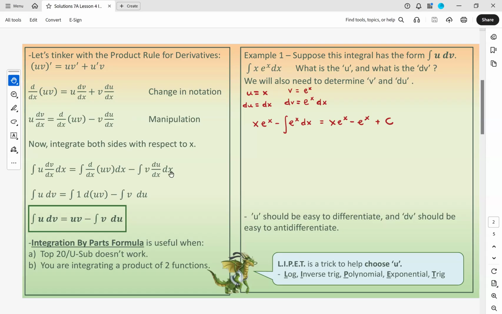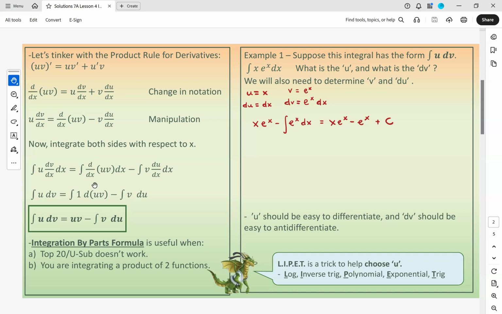Having written all of that out, we can do some cancellations. The dx that comes along as part of our integral can cancel out with the dx's in the denominators all throughout. So I arrive at a statement that says the integral of u dv equals the integral of 1 d(uv) minus the integral of v du.